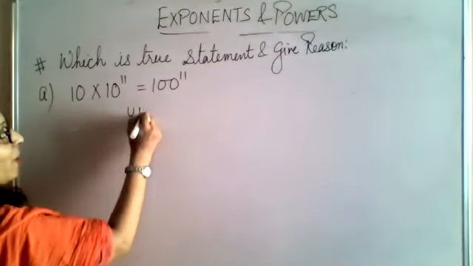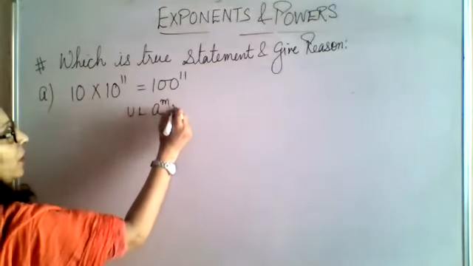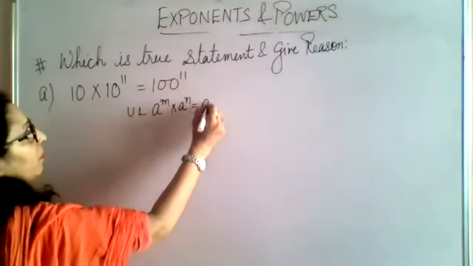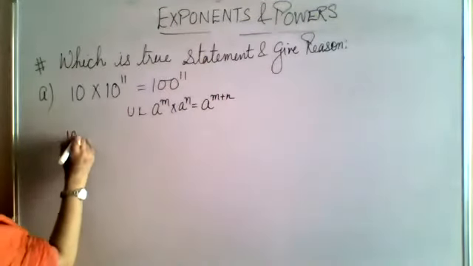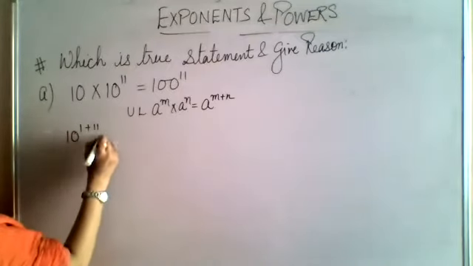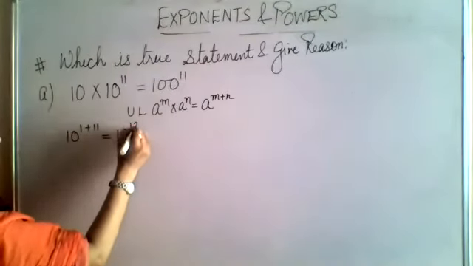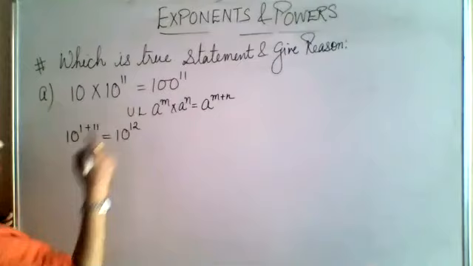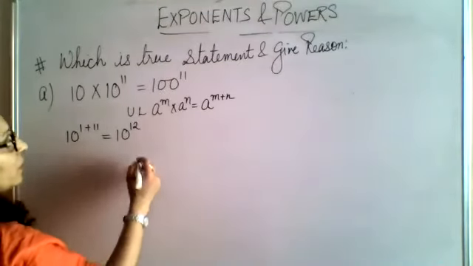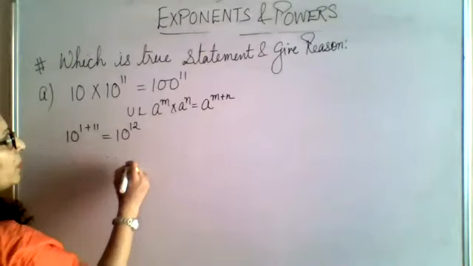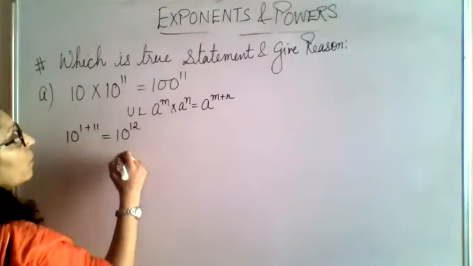So using the law, if bases are same, multiply sign, power will be added, it should come 10 raised to power 11, not 100 raised to power 11. So this statement is wrong, false.